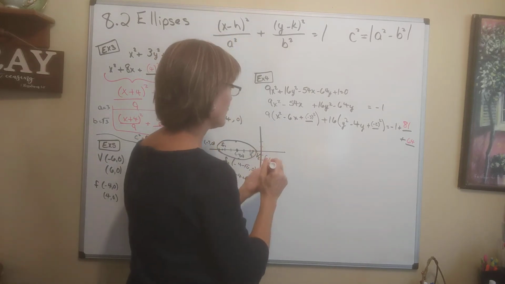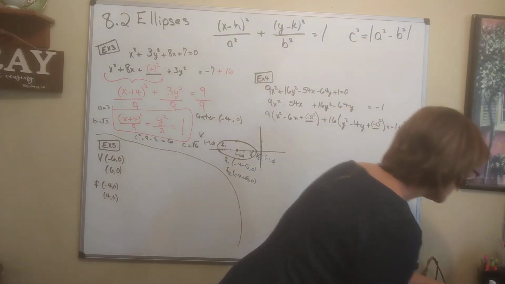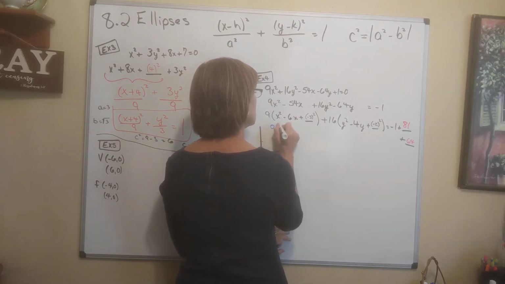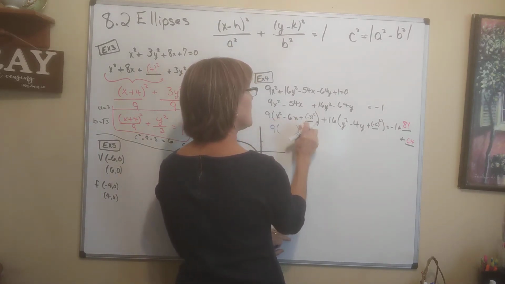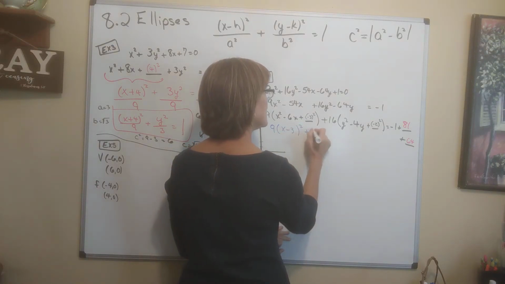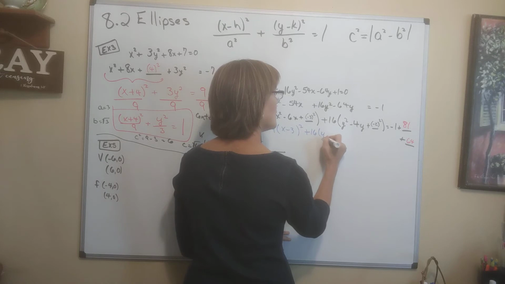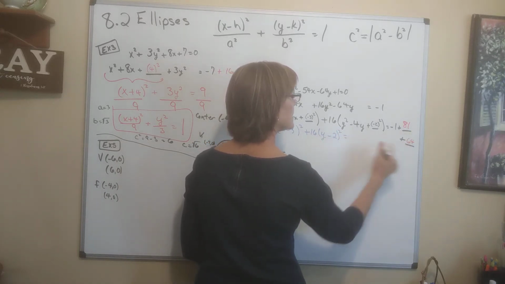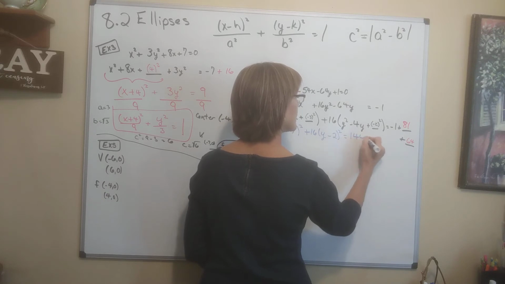Now we will factor this. So here it's gonna start to look a lot better. We have this 9 times x minus 3 quantity squared plus 16 times y minus 2 quantity squared is equal to 80 plus 64, 144.